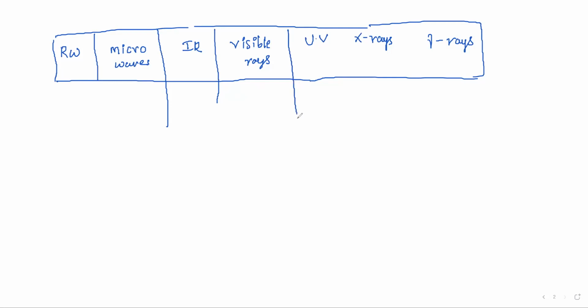Next UV, X-rays and gamma rays. See here, I'm writing a few wavelengths. Actually, this is radio waves, microwaves, IR, visible, ultraviolet rays, X-rays and gamma rays.